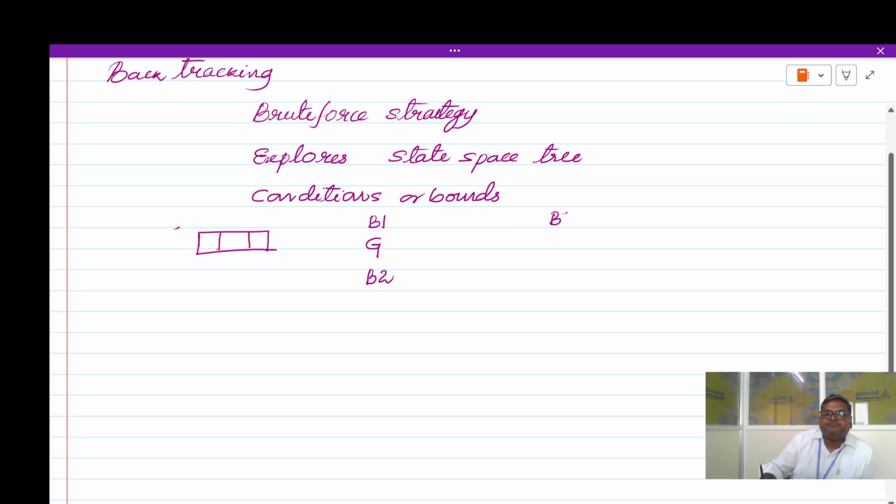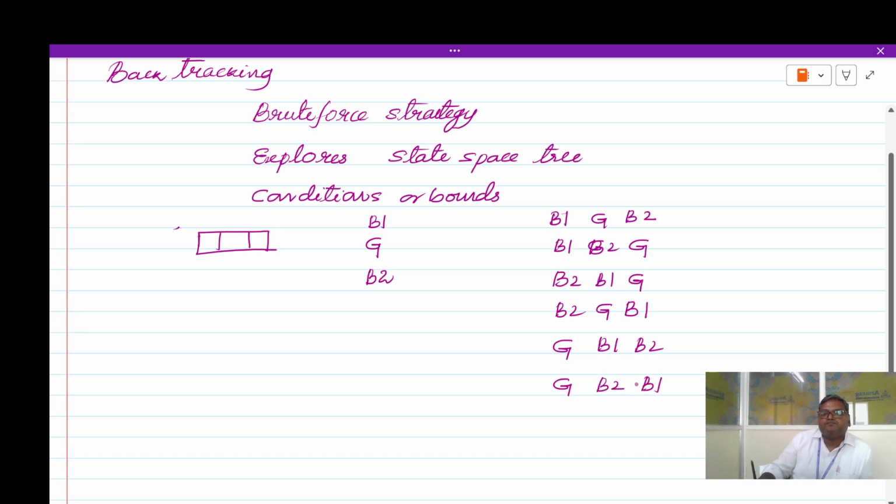I can arrange them as boy 1, girl, boy 2; boy 1, boy 2, girl; boy 2, boy 1, girl; boy 2, girl, boy 1; girl, boy 1, boy 2; girl, boy 2, boy 1. Because there are 3 elements, we can arrange them in 3 factorial ways. Because it is 3, we could write all the possible options.